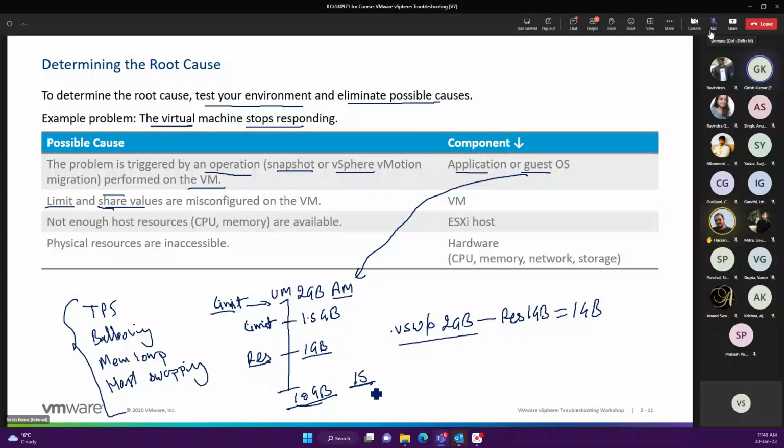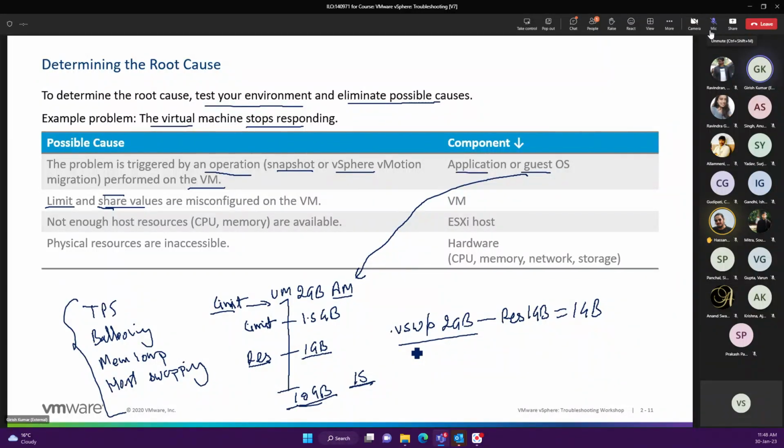Second, this demand must be coming from a minimum of 2 or more virtual machines. There must be competition among the virtual machines. So with these two conditions, contention, more demand than you have, and this demand coming from at least 2 or more VMs, the hypervisor would check the share value, configured as low, medium, or high.